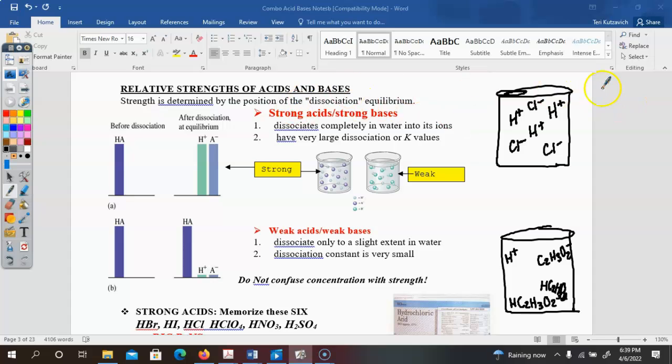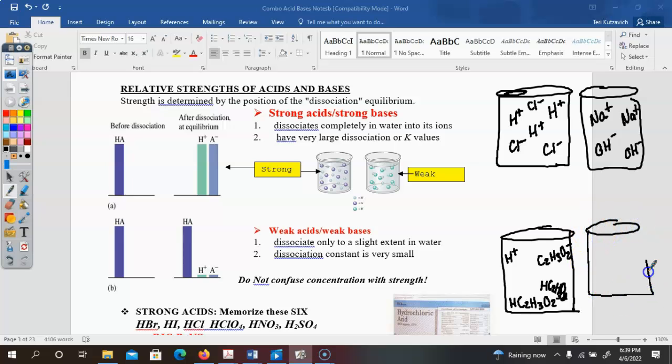Okay, if we wanted to do this with a base, it would dissociate 100% into its ions. And if you're talking about a weak base, you would have some of your hydroxide left in there. I don't want to draw that yet because I don't want to pick a weak base that is not soluble. Because if it's not soluble, it's going to stay as a solid, and it would just stay together.